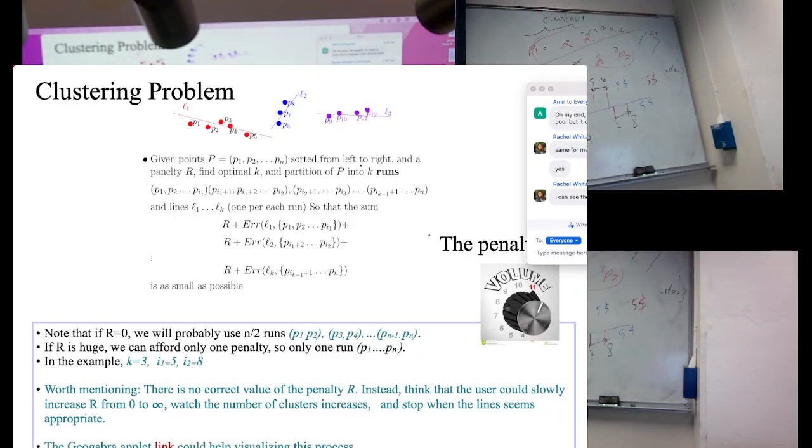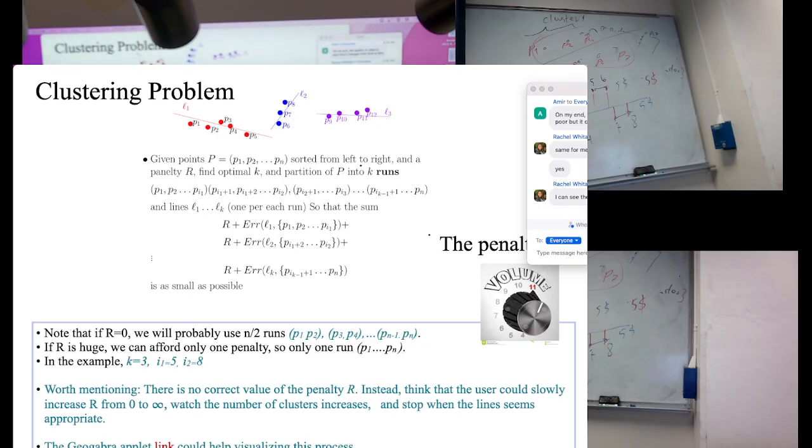An optimal clustering will start at P1, always the first point, and will end at a point that the algorithm needs to find, which we'll call i1. I'll prepare this slide better for next week. Say it ends at Pi1, P5 in this case. What is the penalty for this one cluster?